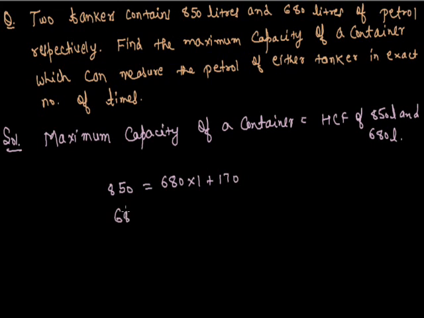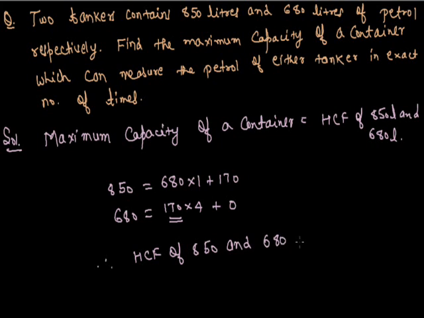So 680 can be written as 170 multiplied by 4 plus 0. So therefore the HCF of 850 and 680 is 170.